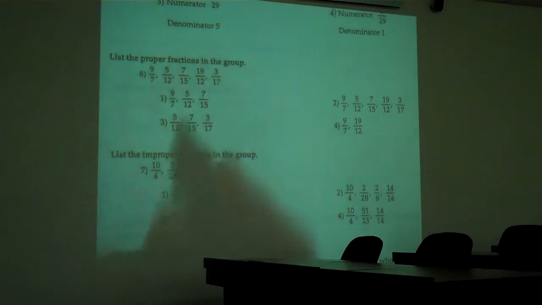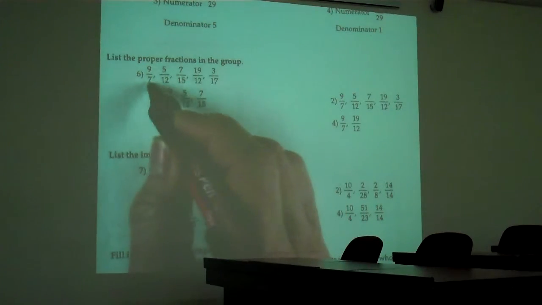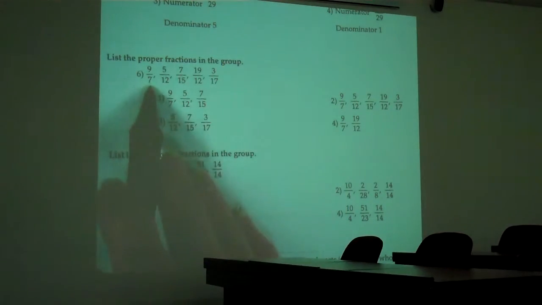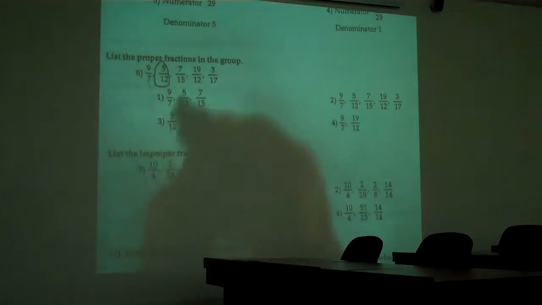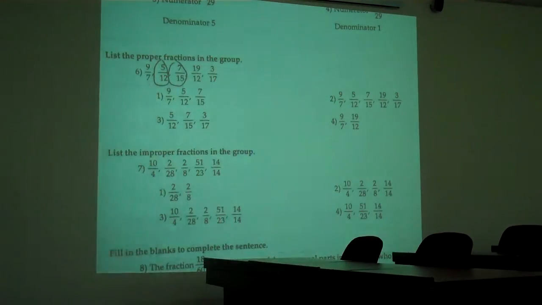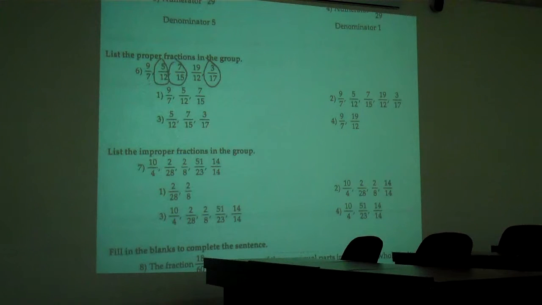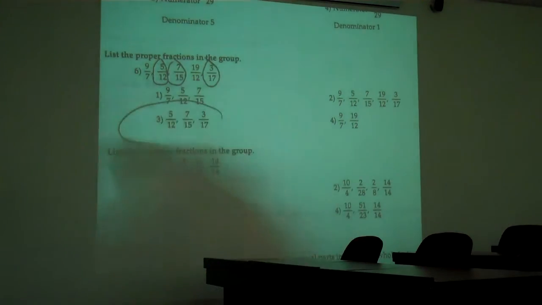So the proper ones, 9 is not smaller than 7. 5 is smaller than 12. 7 is smaller than 15. And 3 is smaller than 17. So those 3: 5 twelfths, 7 fifteenths, and 3 seventeenths. That would be number 3.